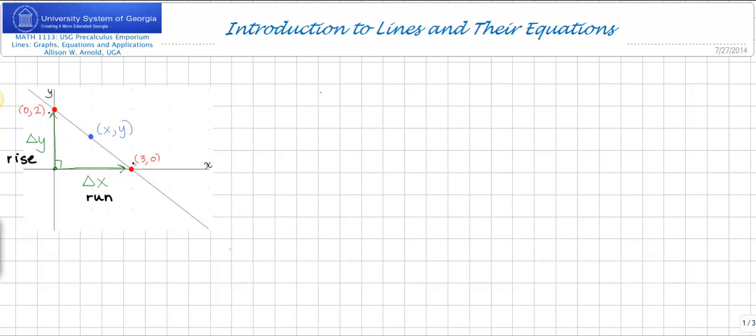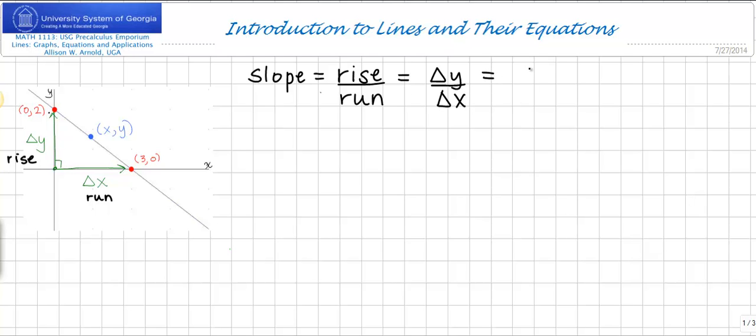So if I were moving from (0, 2) to (3, 0), I would go down 2 units and right 3 units. If I'm moving from (3, 0) to (0, 2), I go left 3 units and up 2 units to achieve the same thing. We call the measure of rise divided by run the value slope, or as I prefer to say, change in the y-coordinates versus change in the x-coordinates.